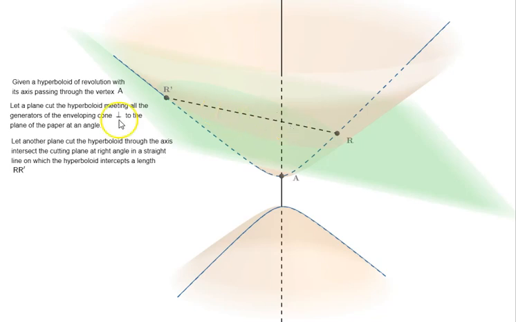So how we got this r prime is by having another plane which is perpendicular to the cutting plane and passes through the axis.